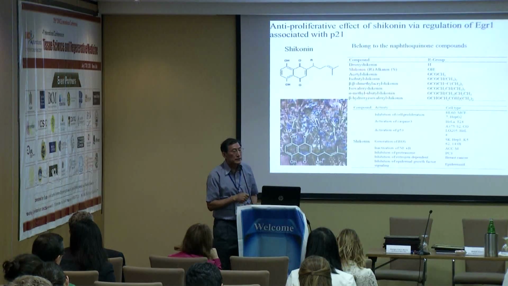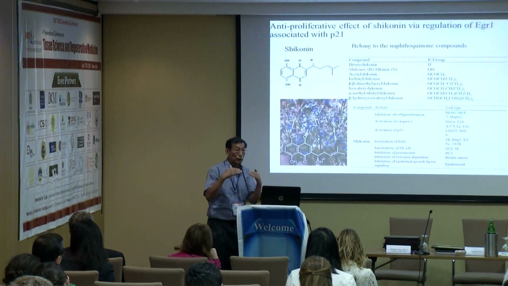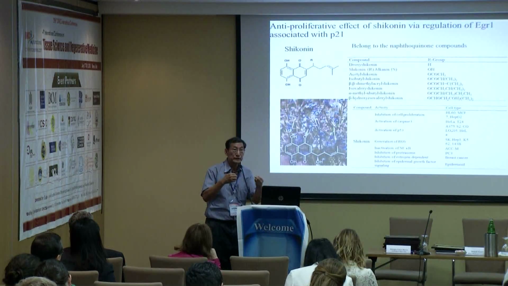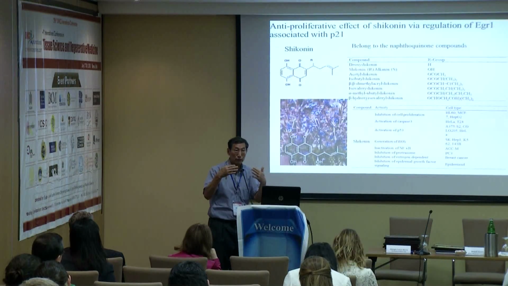Another factor is chiconin, from a red-colored root. In Korea this root is used in a black-colored liquor, a wine-like liquor.